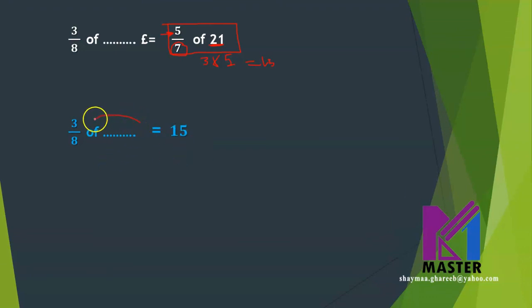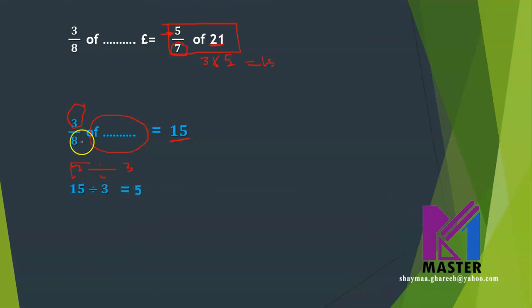Now, how to get the total amount? When the total amount is missing, I do two steps. I divide the amount by the number up. Remember. So 15 divided by 3 equals 5.